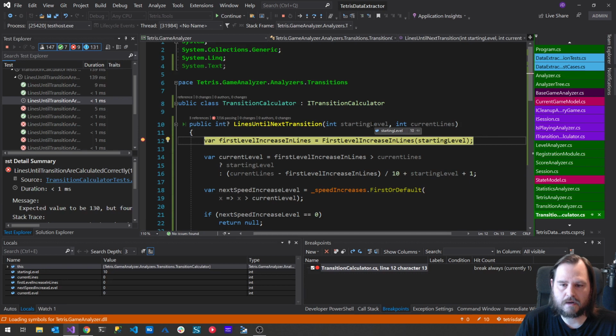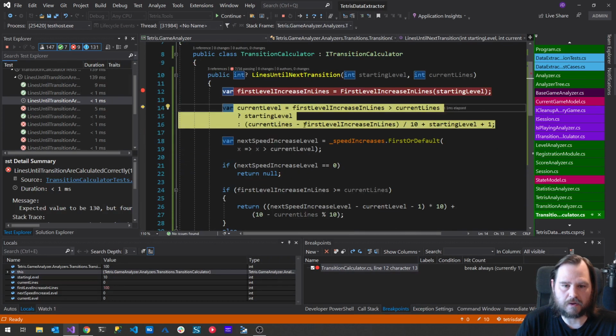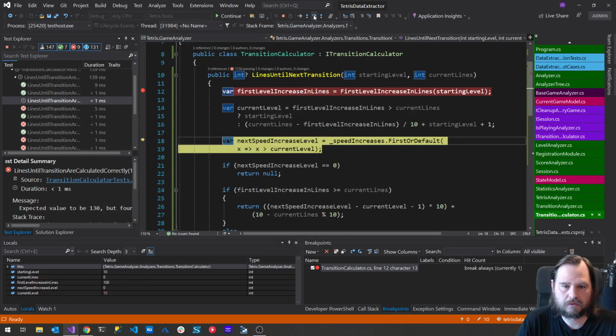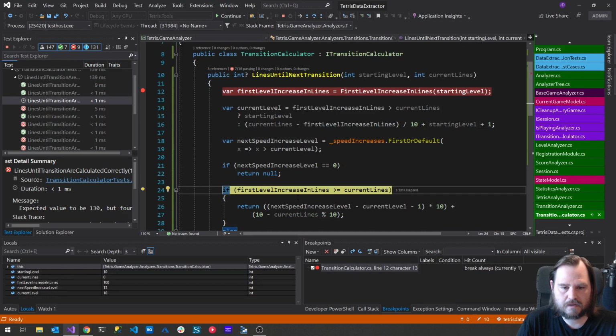Starting level is 10, current lines is 0. So first level increase in lines is 100. The current level is 10, that's correct. The next speed increase is 13, again that's correct. The first level increase is greater than current lines. Yes, that's correct.